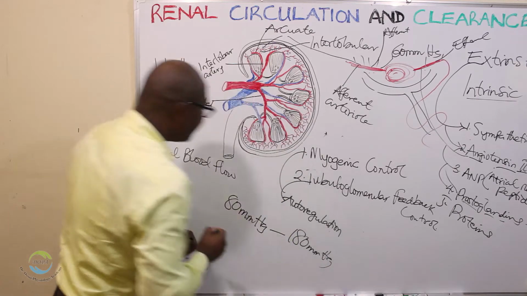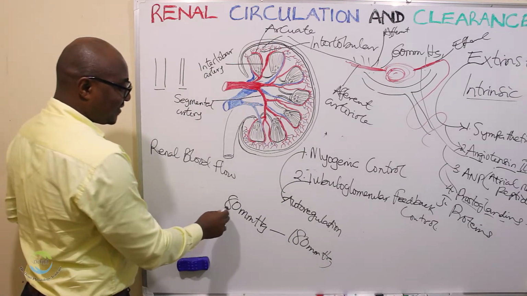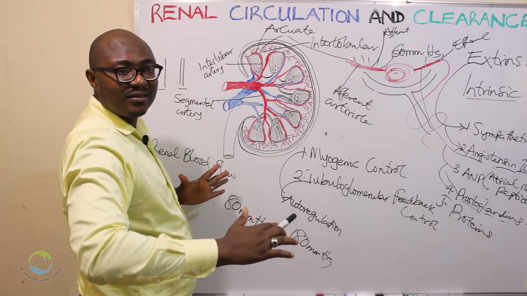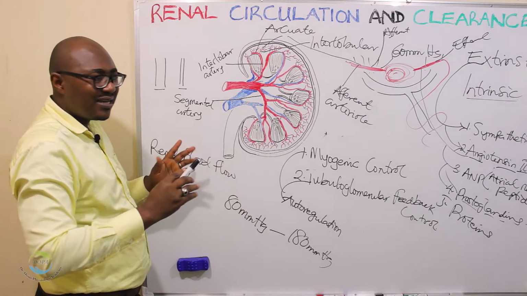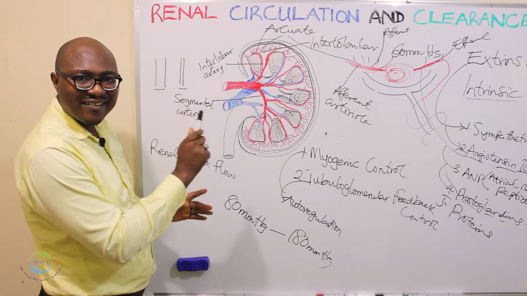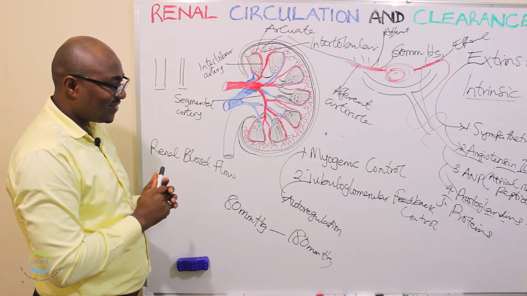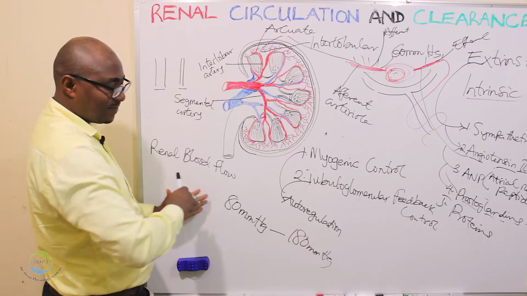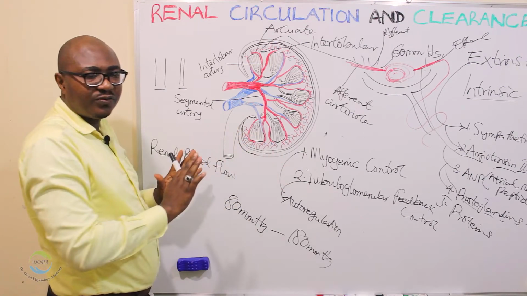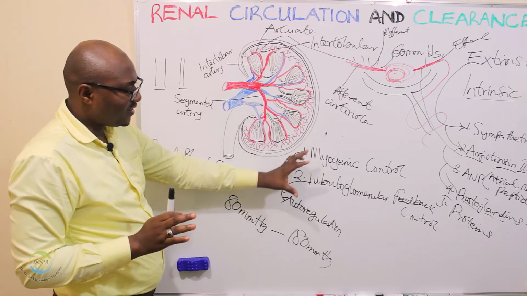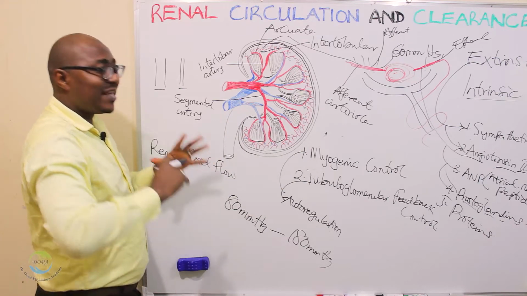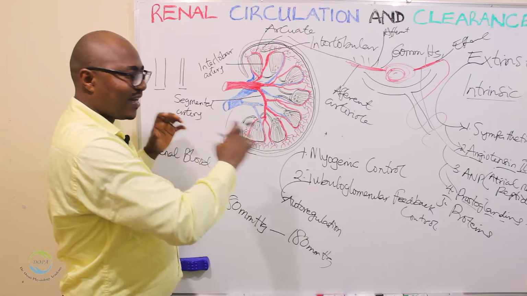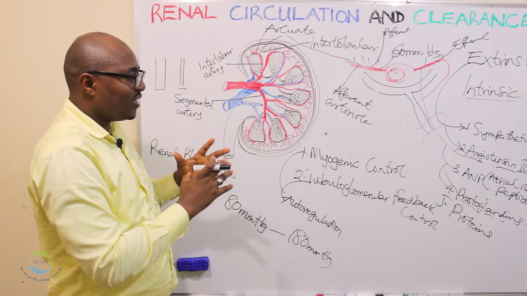That means even if your blood pressure varies this wide, a difference of 100 millimeters of mercury, there will be little change in renal blood flow. That's exciting, that's powerful. You see the difference in pressure, but renal blood flow does not change much because of these two powerful mechanisms.